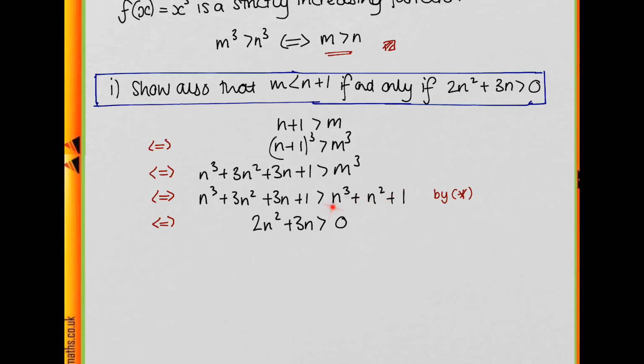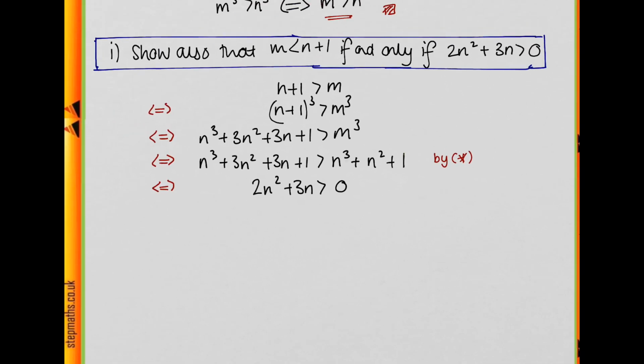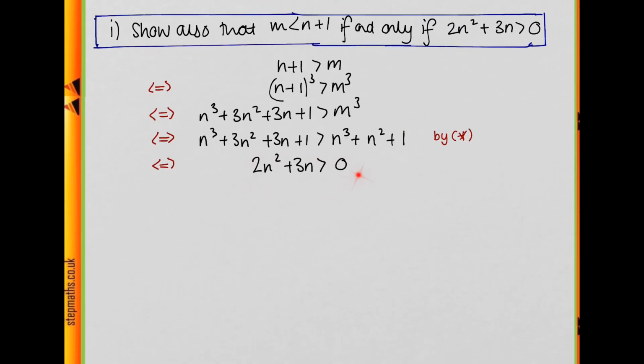And then subtracting n cubed plus n squared plus 1 from both sides will give us 2n squared plus 3n is greater than 0 as required. And note that this is an if and only if question. However, since each of these steps is directly reversible, we don't need to do the argument backwards, because each of these signs shows that every single step can be traced back to the first line. So that's the end of that proof.